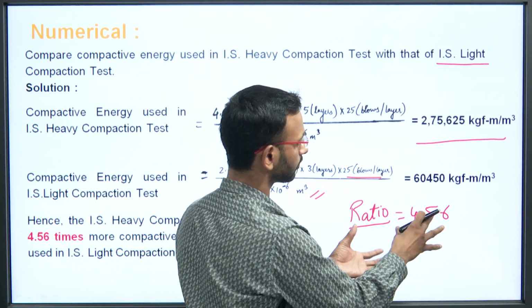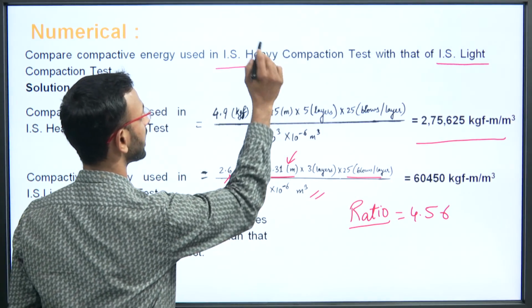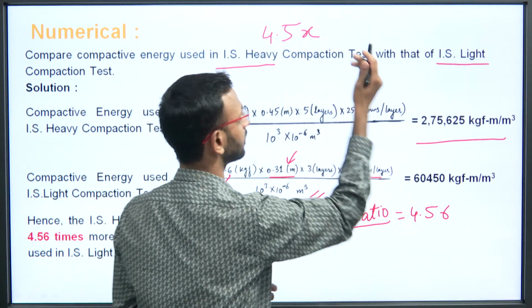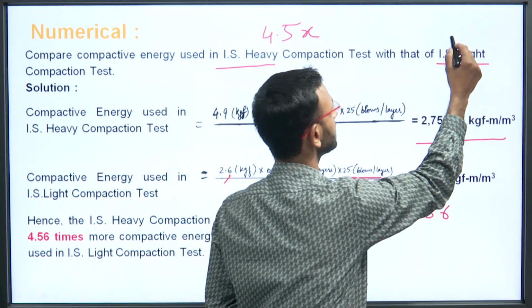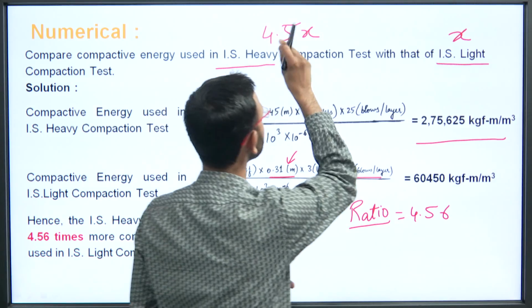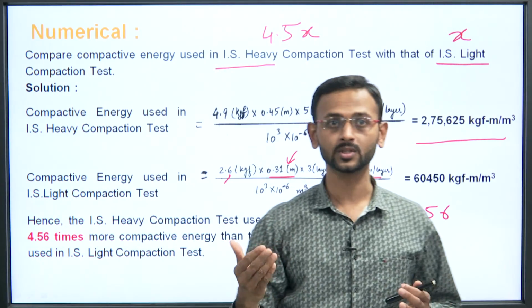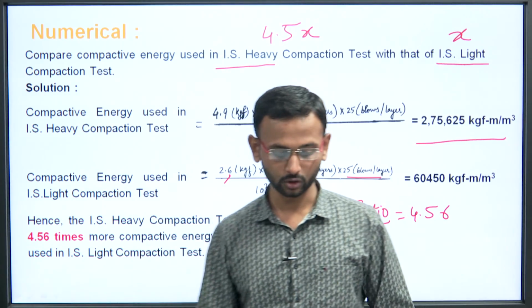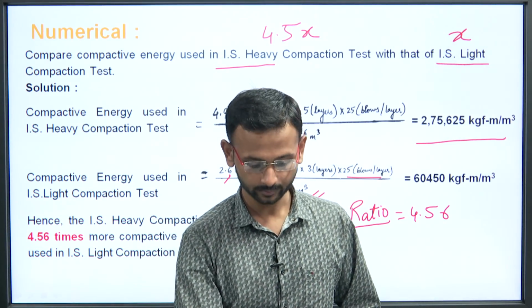So you can simply understand that the energy provided in the IS heavy compaction test is 4.5 times this one, if this is x. So this is the ratio of the compactive effort.